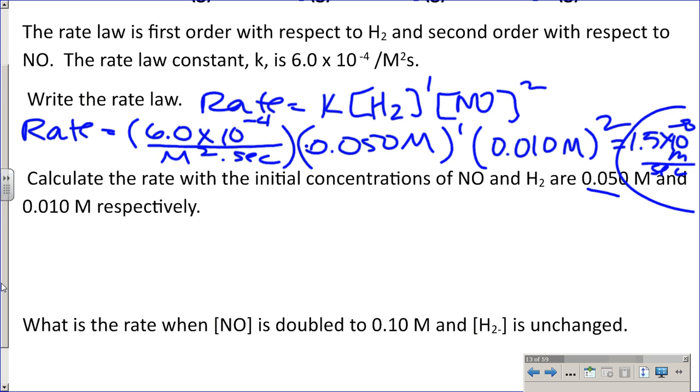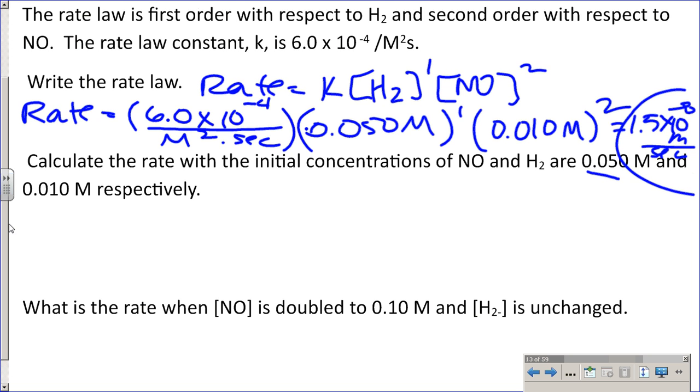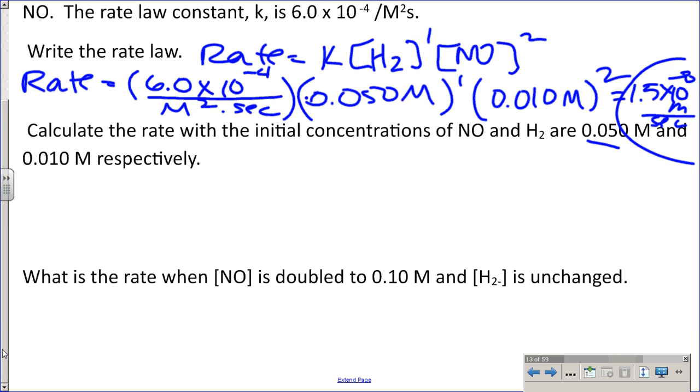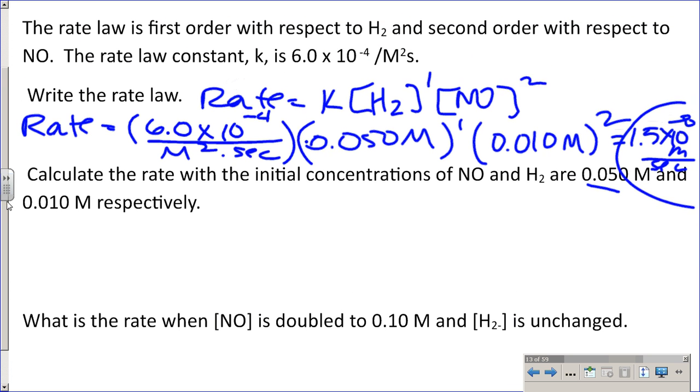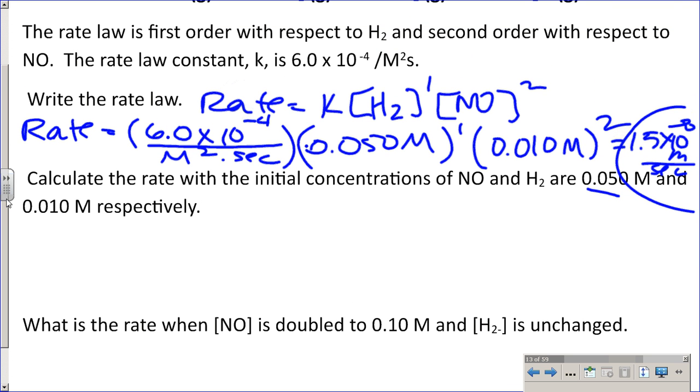So knowing that, don't calculate. What will happen to the rate when NO is doubled? It's going to what? Because it is second order, when NO is doubled and H2 is unchanged, the rate should quadruple.